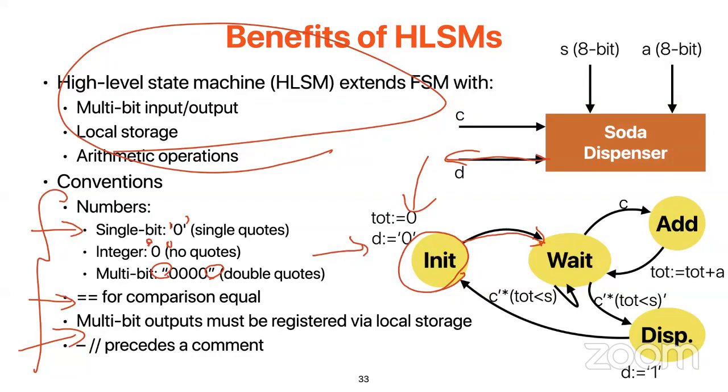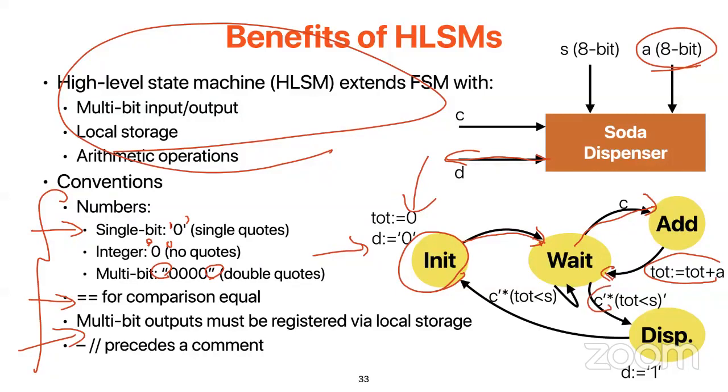In the ready state, if someone deposits a coin, it goes to the F state. What the F state does is update the total to be total plus A, which is the value of the coin that you deposited. Then we go back to the wait state.